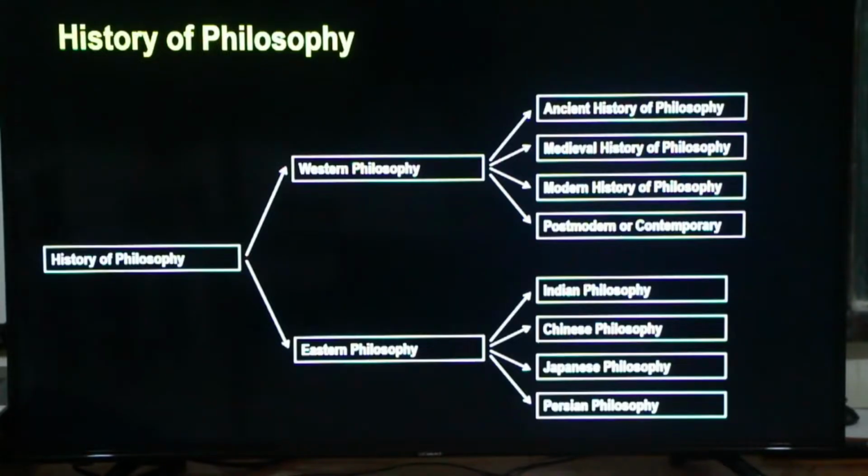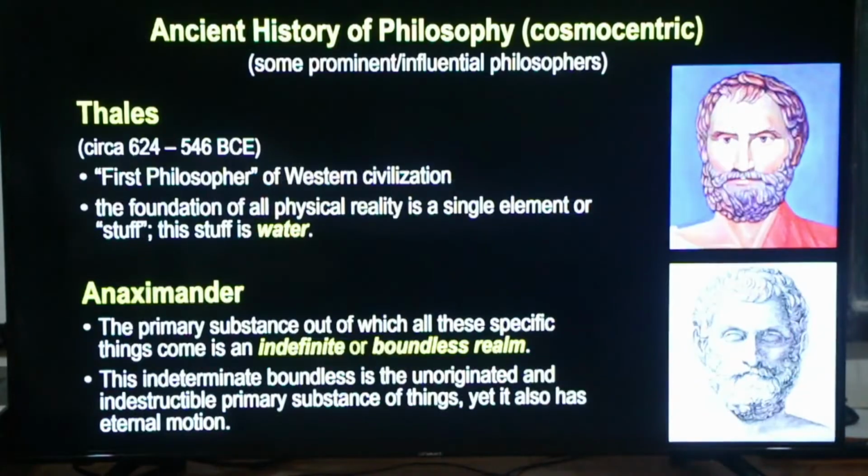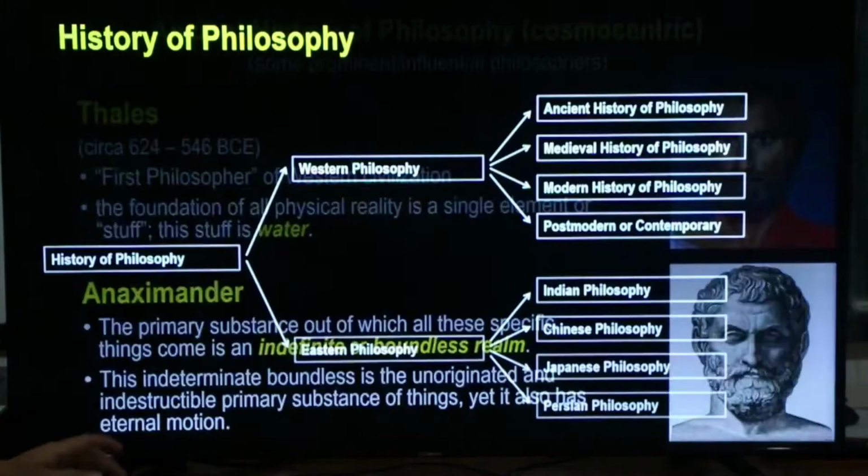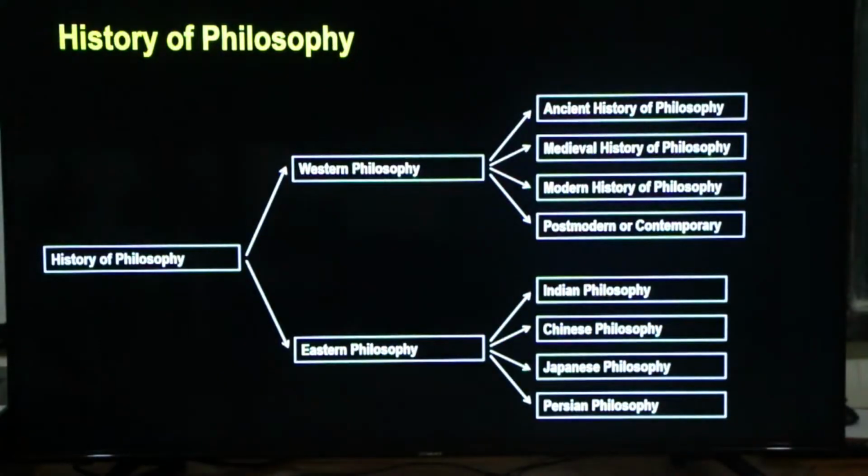Now, the next slides would be the presentation of some influential or prominent philosophers in ancient history, in medieval, in modern, in postmodern, in Indian philosophy, in Chinese philosophy, in Japanese, and in Persian.